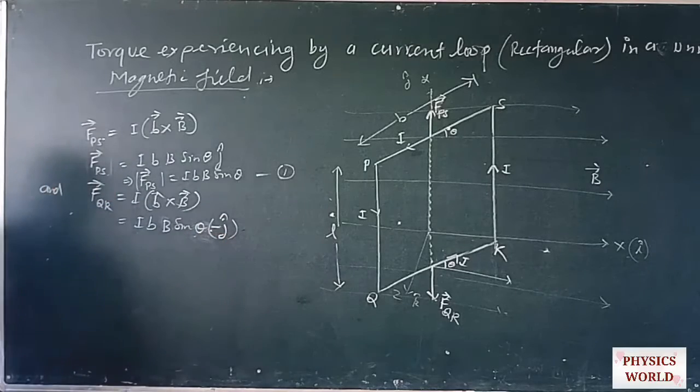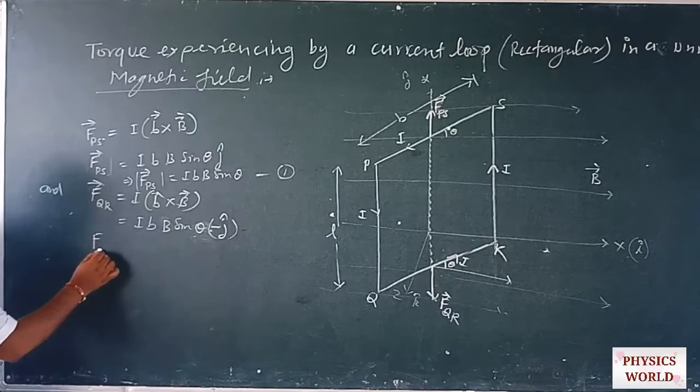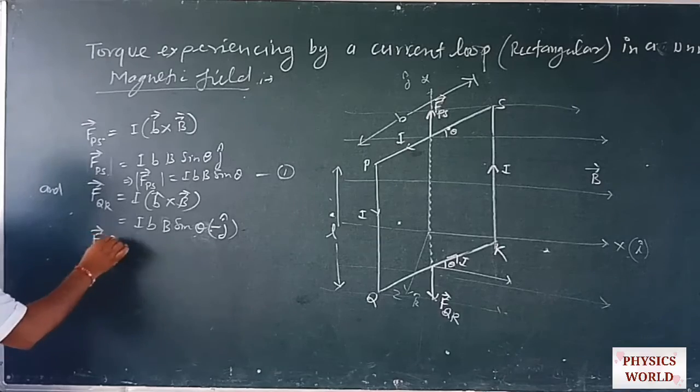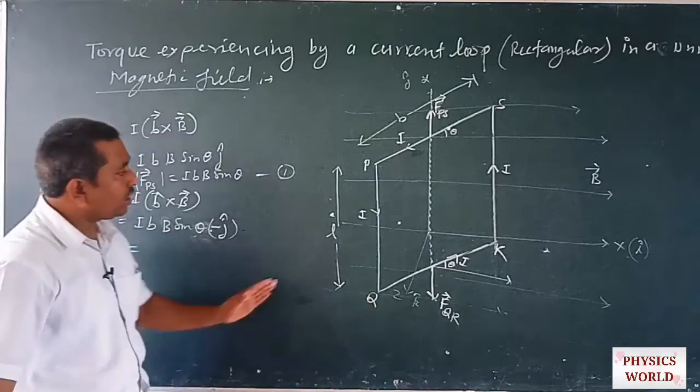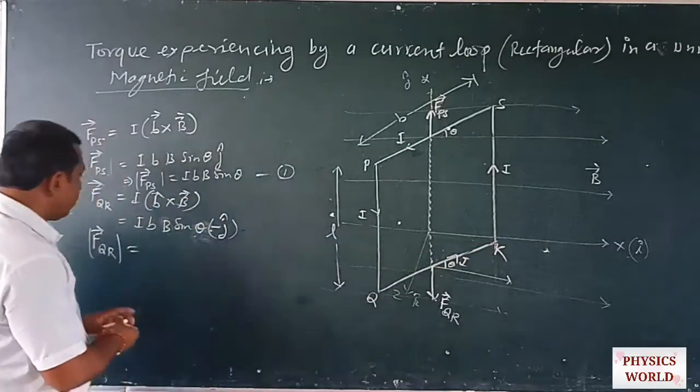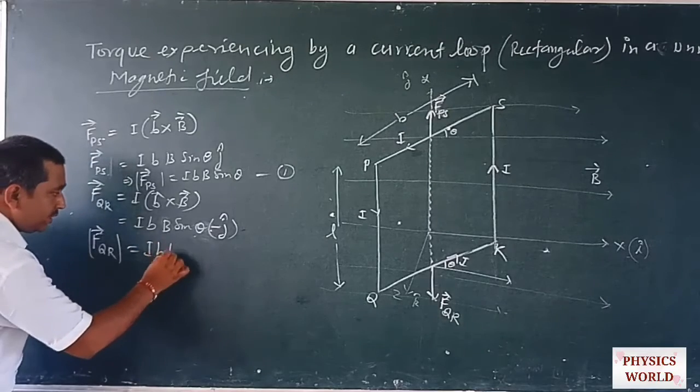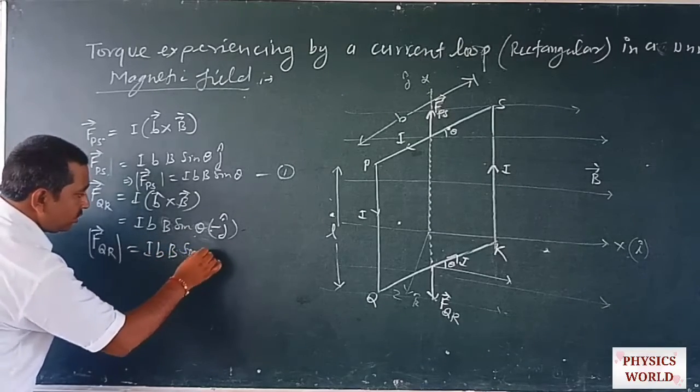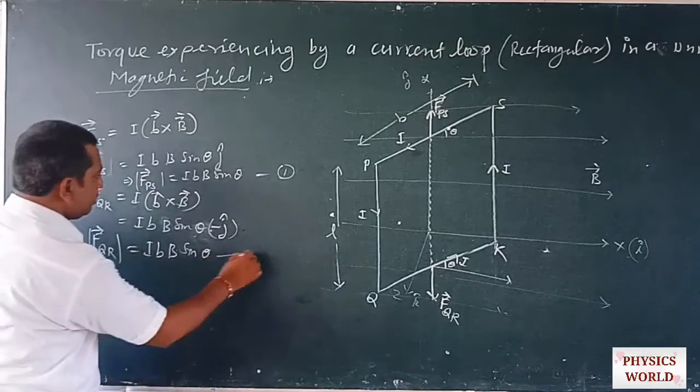Okay, so we can write from here the magnitude of this force experienced by this part of the coil. This will be equal to IBB sine of theta. This is equation number 2.